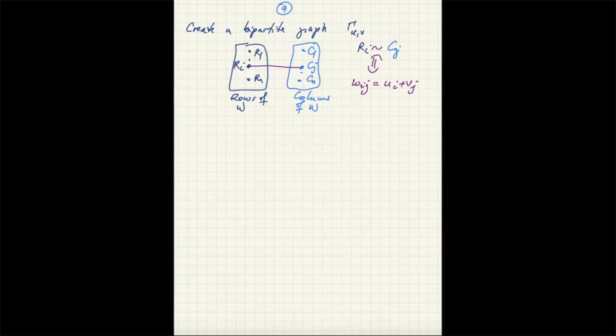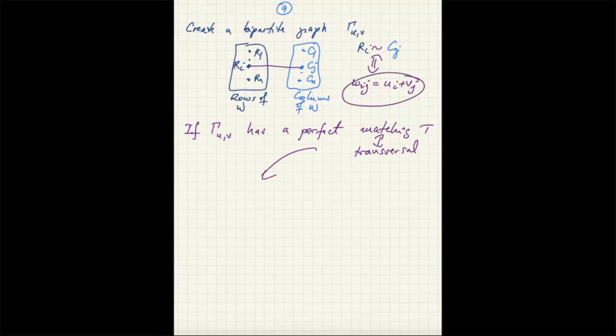Okay, so that's how the algorithm starts. The first step is you create this bipartite graph. Now if gamma uv has a perfect matching, remember this perfect matching is the same thing as a transversal, let's call it T, then we struck gold, because in that situation we have equality happening: wij equals ui plus vj for any ij in this matching or transversal.